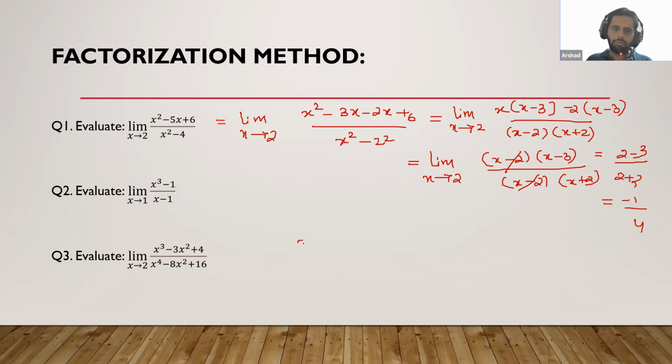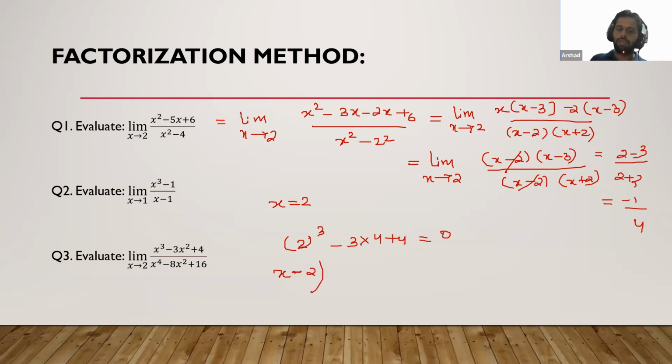So you will get 2 cube minus 3 into 4 plus 4. So this is 8 minus 12 plus 4, which gives you 0. If you put x equal to 2 in a polynomial and you get 0, then that means x minus 2 is a factor of this expression.